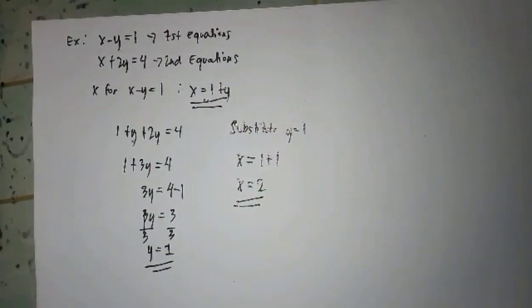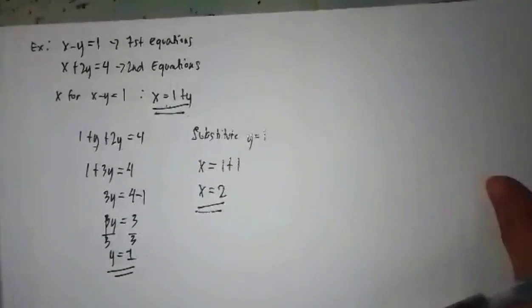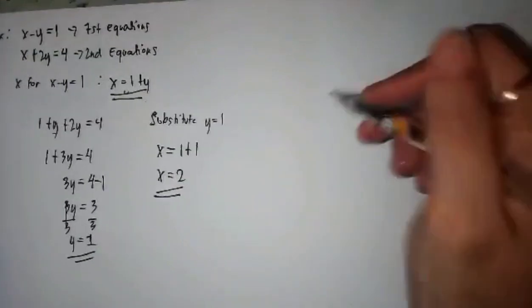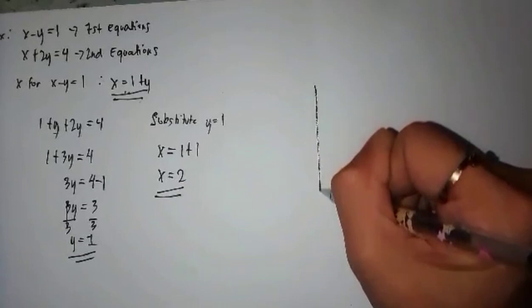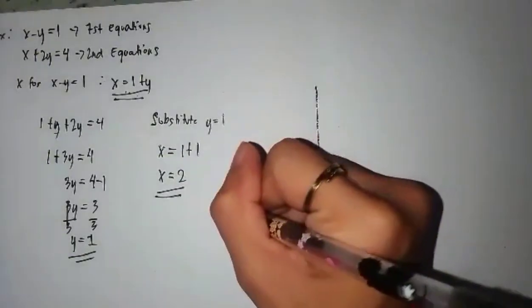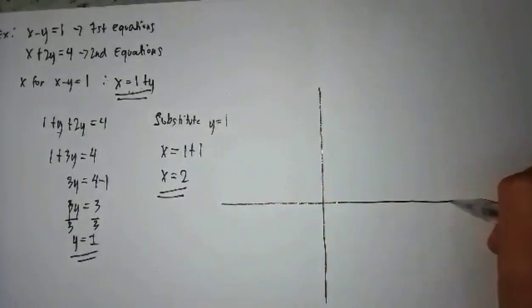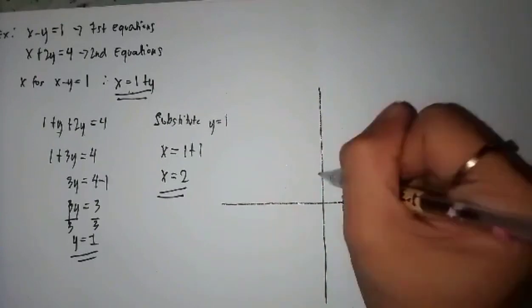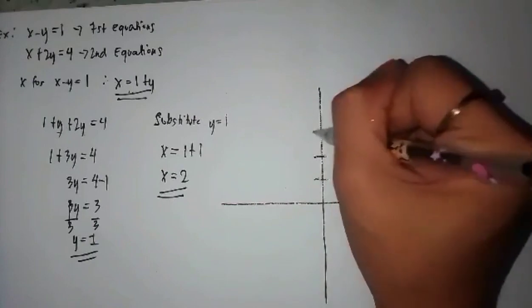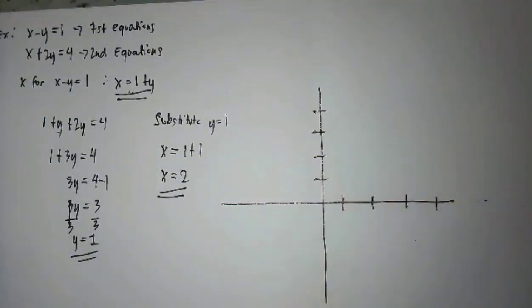So now let's go to graphing. We graph. Dimension 1, 2, 3, 4, and 1, 2, 3, 4.